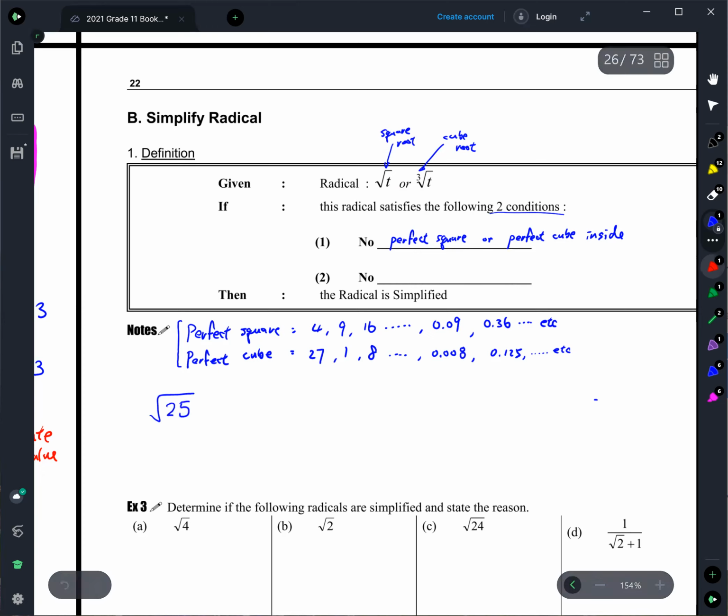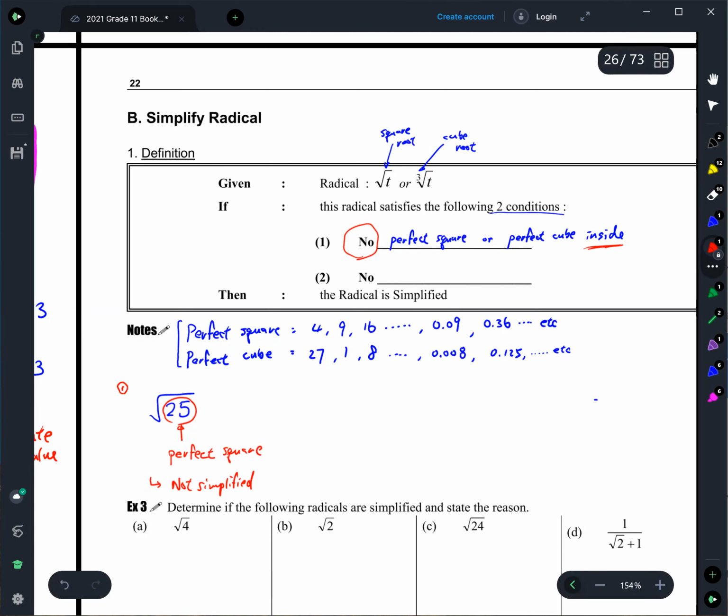So you look at the inside. This is a perfect square, right? So therefore, it's not simplified, because there's no perfect square inside. So this one is not simplified, okay?